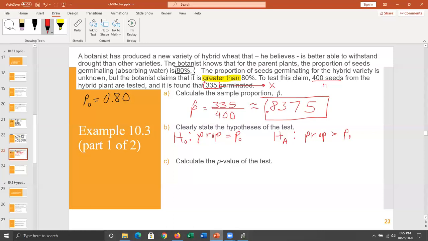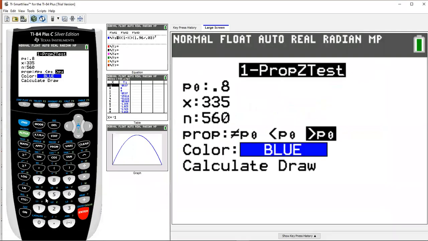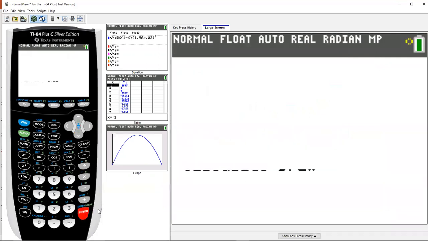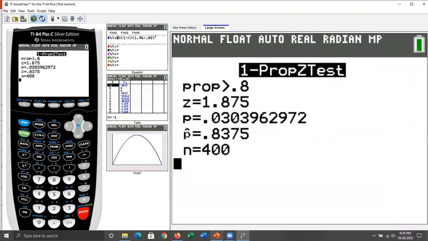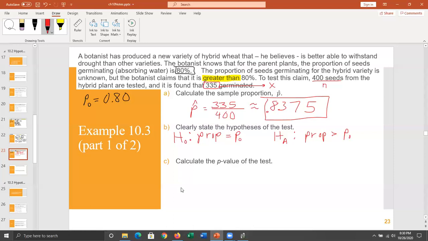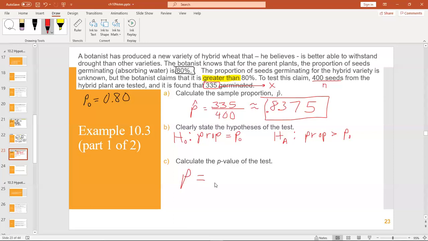It is 400. Again, we've got one where it's greater than, so make sure that the one with the greater than sign is highlighted. You go ahead and calculate this, and you get a p-value of 0.0304. Boom. There's your p-value.